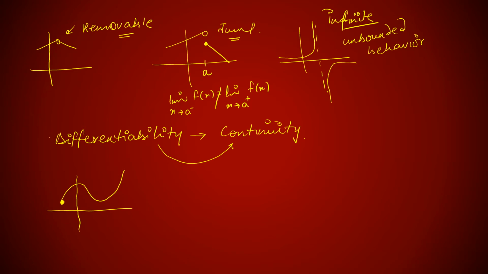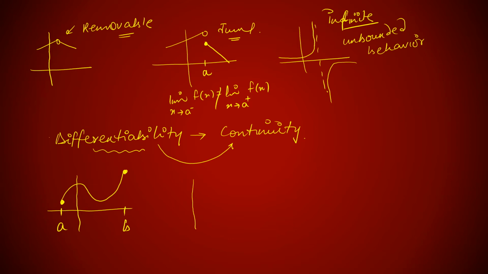For example, in a closed interval from a till b, if there is a smooth curve everywhere, it means you can find the tangent at each and every point in the interval, and hence the function is differentiable. So the condition of differentiability is to be continuous and have a smooth curve.